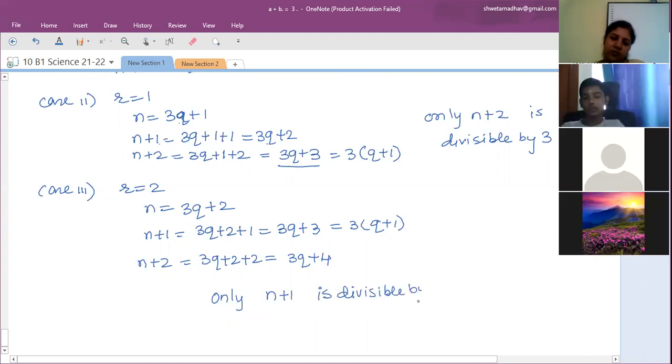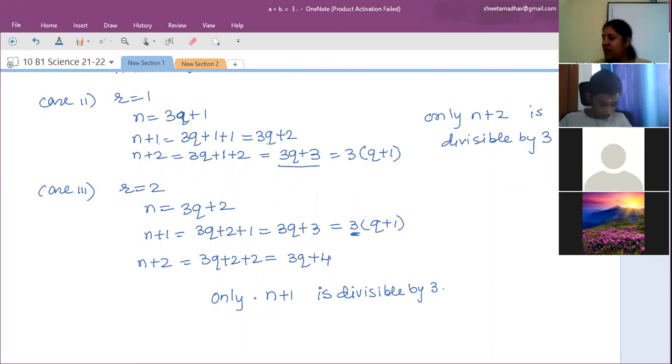In this one, don't need to represent in 3m form? You can write 3m. Clear? We have shown 3 cases because 3 remainders are possible. And with 3 cases, we have tested all the consecutive terms. And we know that only one of the 3 consecutive terms is divisible by 3.